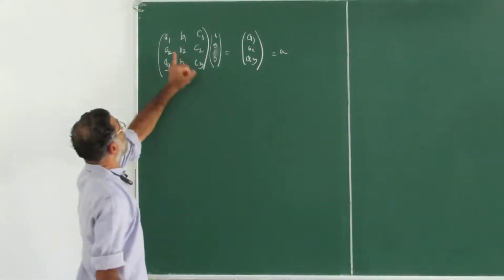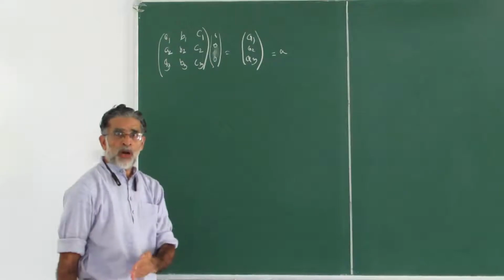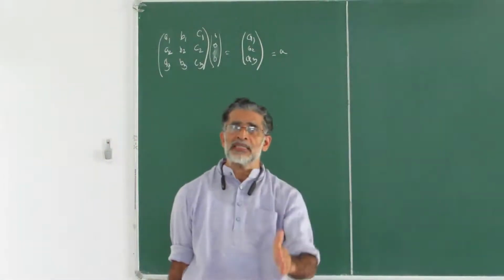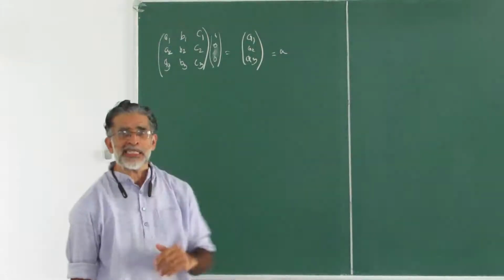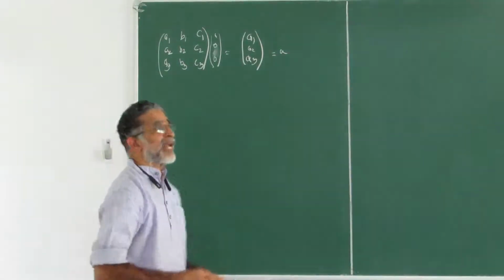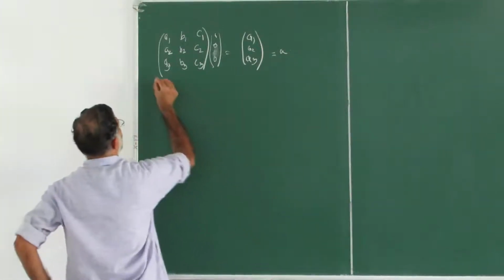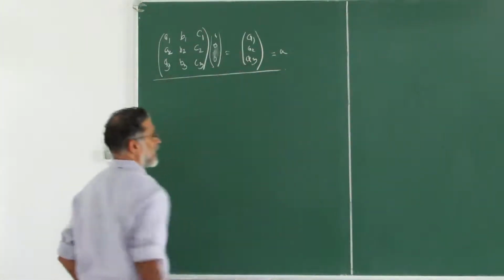If you evaluate E1, you get the first column. If you evaluate E2, you get the second column. If you evaluate E3, you get the third column. This is interesting for understanding what is happening.